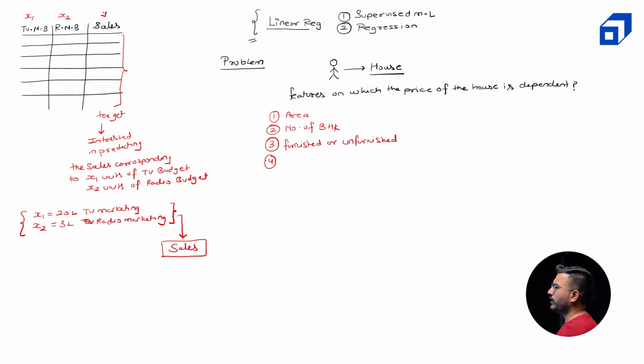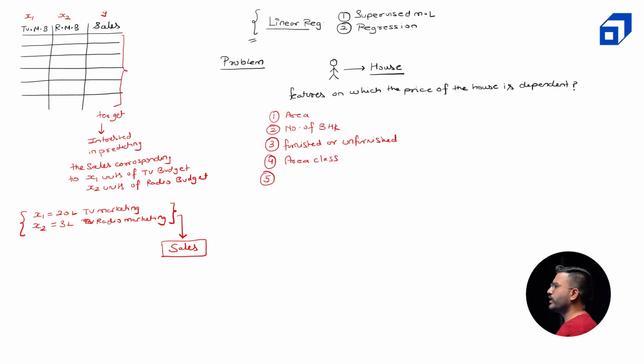Then another component would be whether the house is in a very prominent or posh area or not. So let's say the tier of the city or the tier of the area. I would write this as the area class.